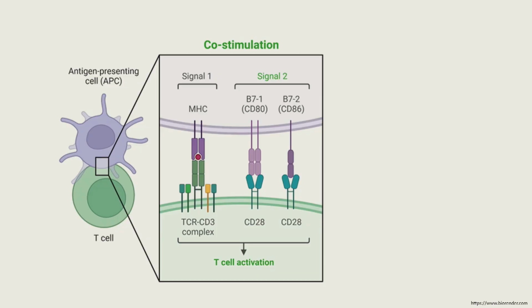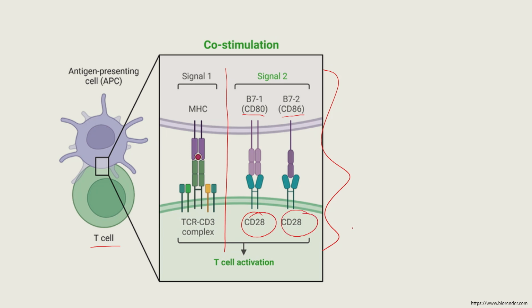So just to summarize the same thing, we have this antigen presenting cell, which we call the dendritic cell. Just to simplify and reiterate it in a different way, we have the T cell and the dendritic cell, and the first signal comes from the TCR, which is the T cell receptor, and the MHC I, while the second signal comes from the co-stimulatory molecules, which are CD80/86 from the antigen presenting cell and CD28 from the side of the T cell population.